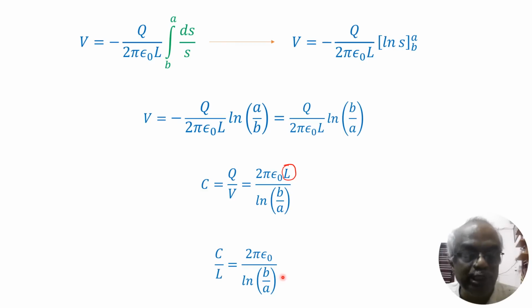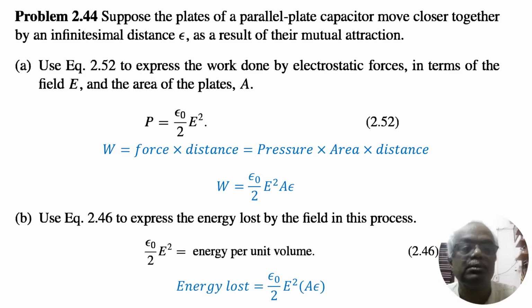Then we will move on to the next problem, problem 2.44. Suppose the plates of a parallel plate capacitor move closer together by an infinitesimal distance epsilon. This problem contains two parts.